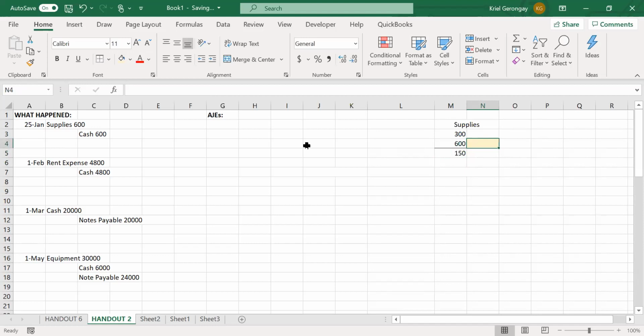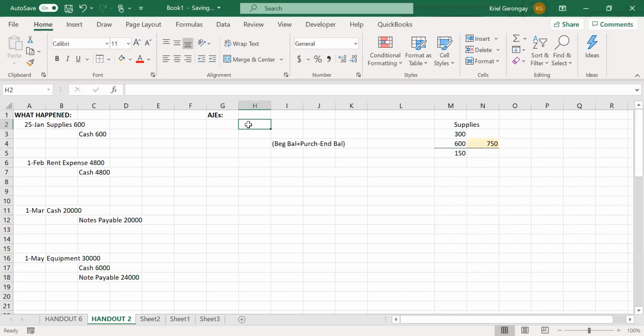We can summarize it with this formula: beginning balance plus purchases minus ending balance. After doing this, we get 750 for the supplies expense.